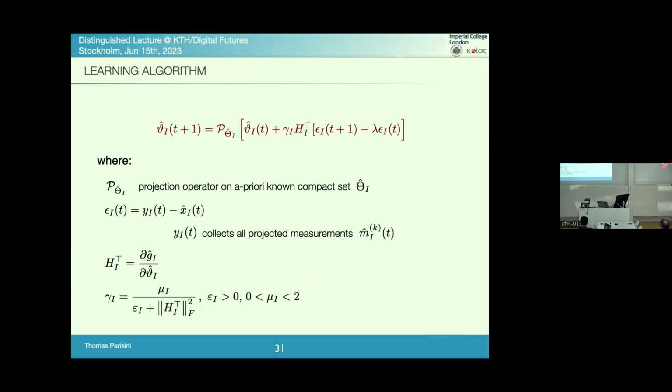We are not assuming persistency of excitation here. Everything is nonlinear, so you typically need to have a projection operator anyway, and then there are usual mechanisms to decide what the learning rate should be. It's quite a standard scheme, and you can find the details in one of the papers that are in the presentation that, by the way, I will share.